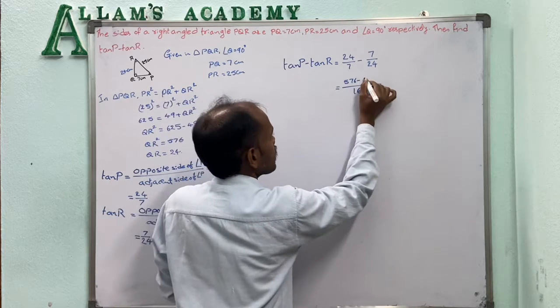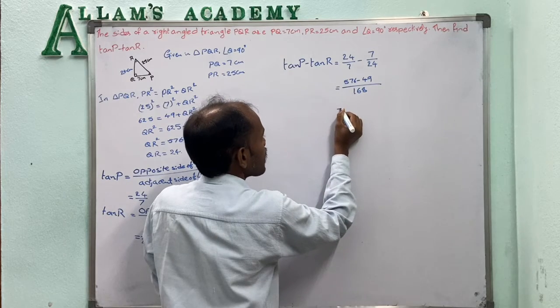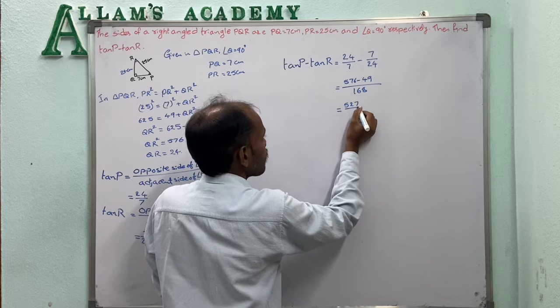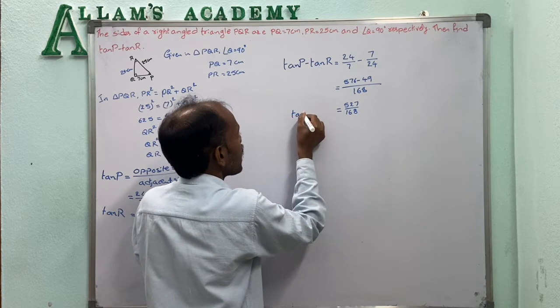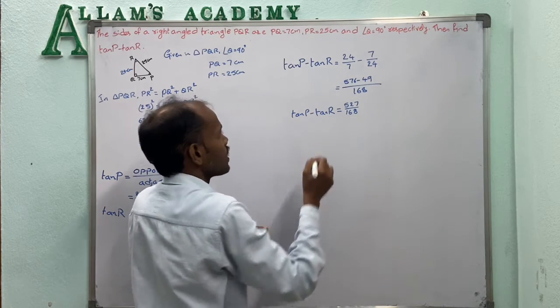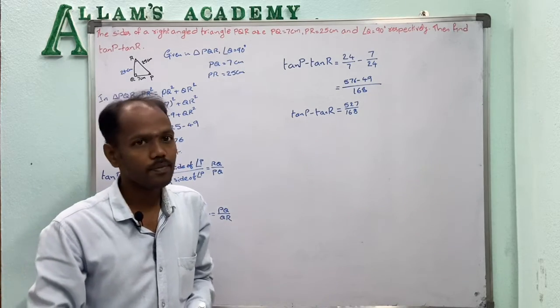So 7 7 ja 49. 576 minus 49 equal to 527 by 168. It is the value of tan P minus tan R is 527 by 168.